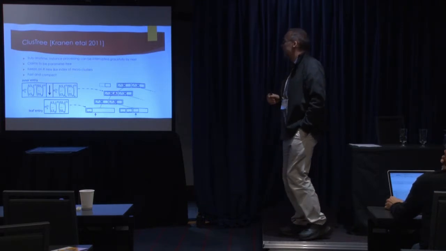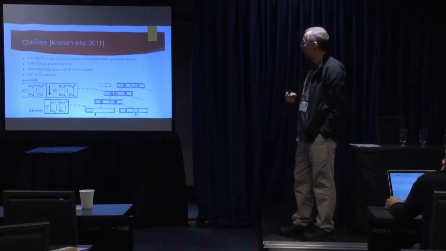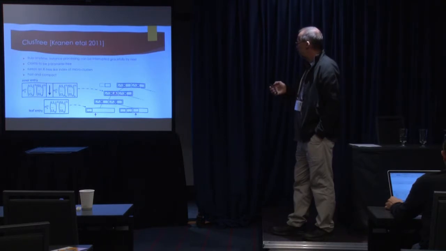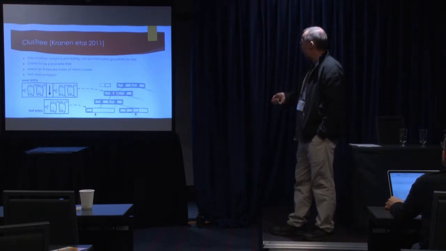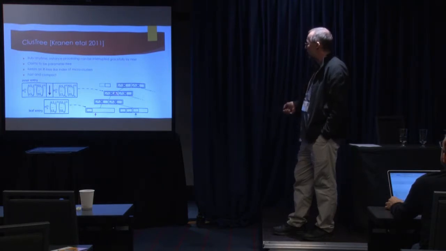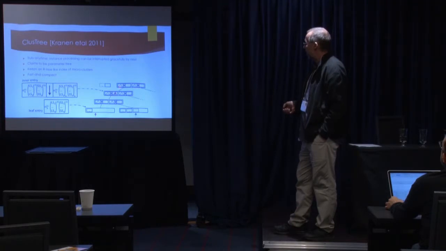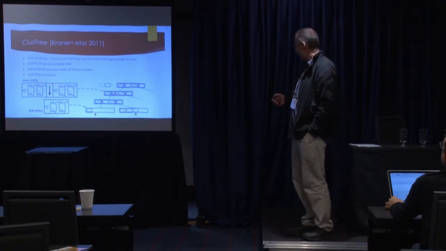This is another interesting algorithm that's reasonably recent, where they actually tried to be serious about real-time performance. So they have a hierarchical structure, a tree for the microclusters, but every tree node has this distribution information that we keep, and then additional space for new data.